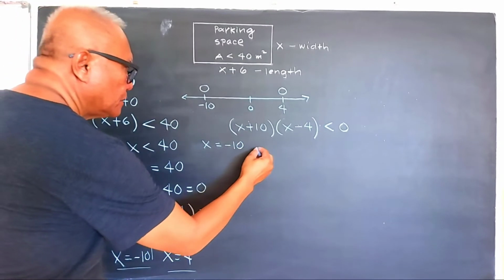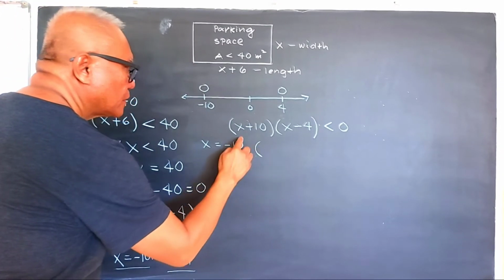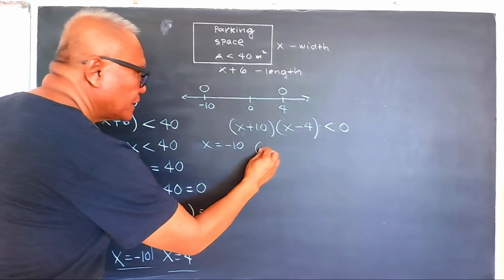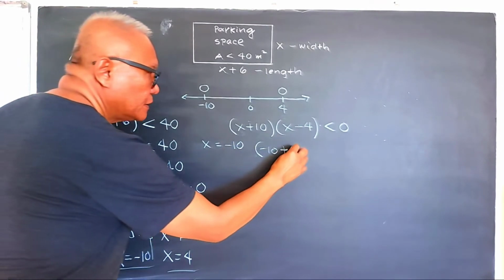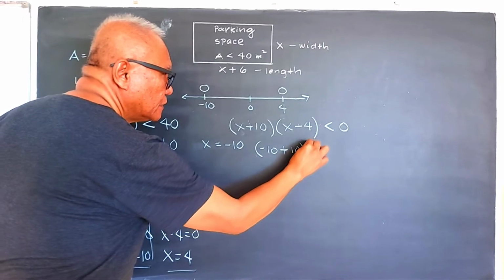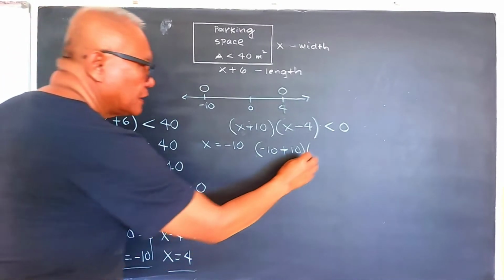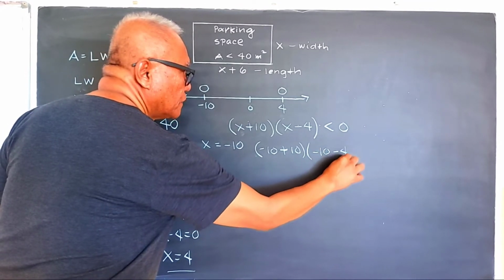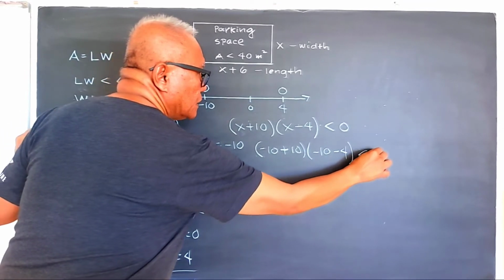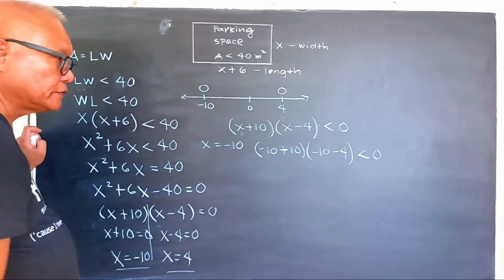So we place x by negative 10: negative 10 plus 10, and then negative 10 minus 4 should be less than 0.